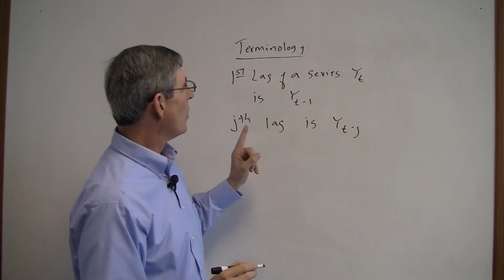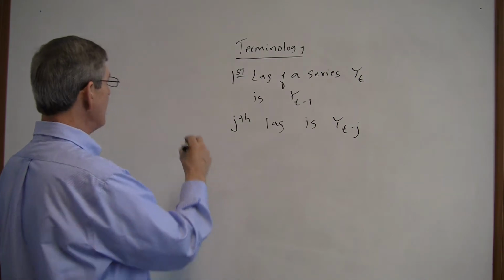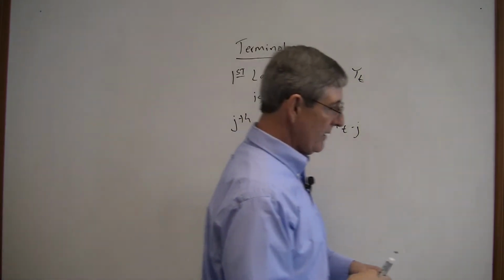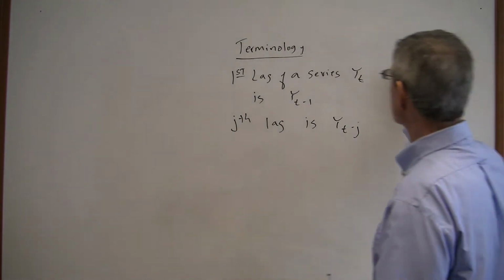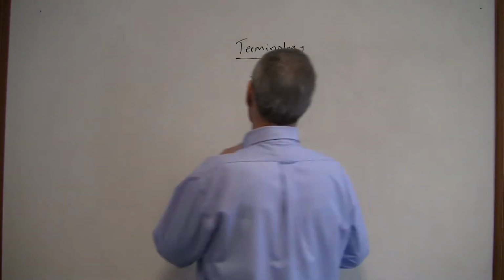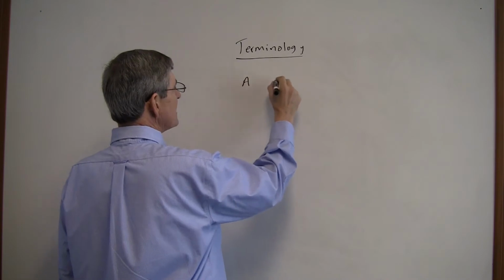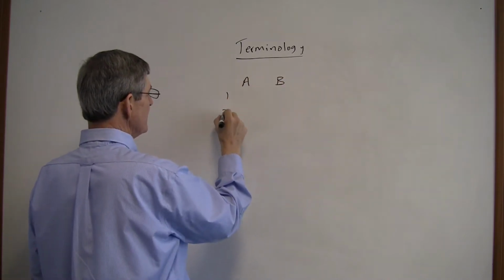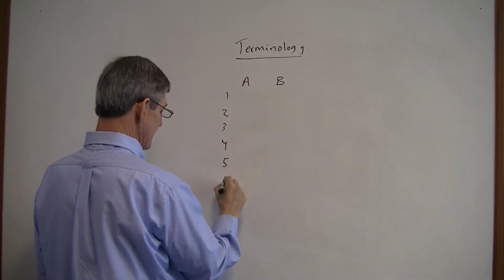Now, one thing I want to point out is that when you lag variables, you lose observations. So suppose you had an Excel spreadsheet. Here's column A, here's column B, 1, 2, 3, 4, 5, 6, 7.